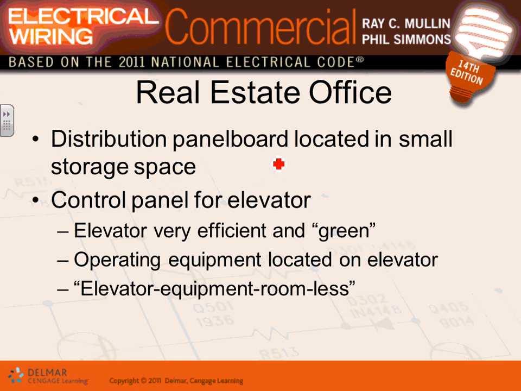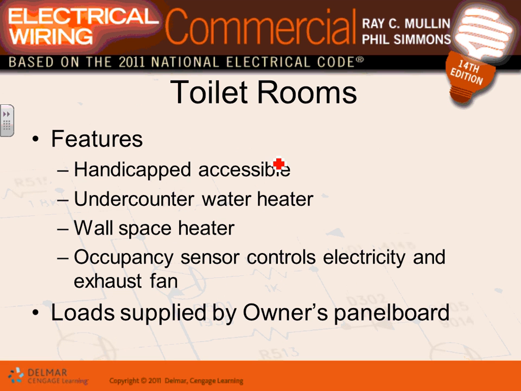We have a distribution panel board located in a small storage space, the main panel in the real estate office, and we have a control panel for the elevator. They have an elevator with the elevator machine and other equipment for it.